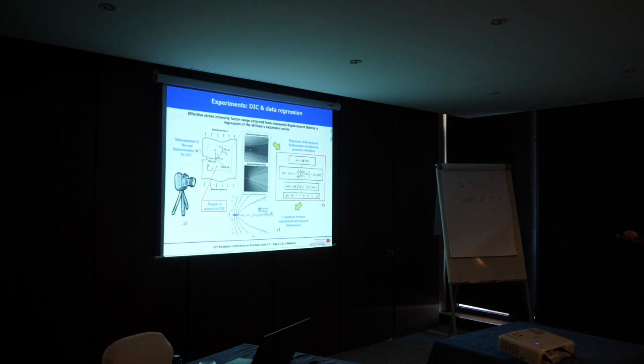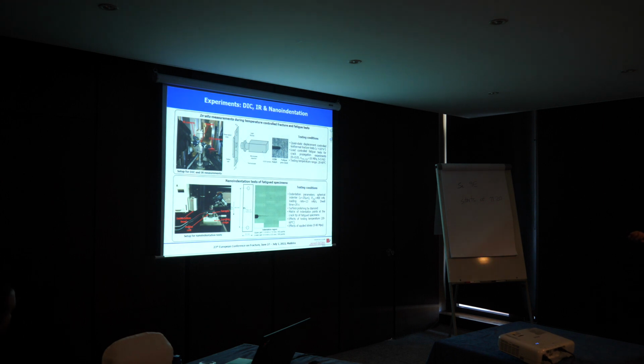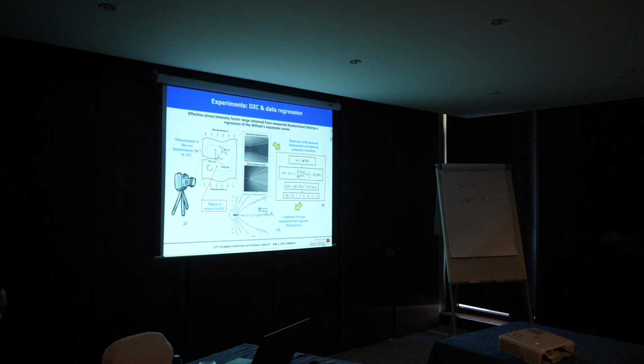In my presentation, given the time constraint, I will focus on results relative to digital image correlation. So we developed some special procedures that use displacement data captured by the DIC to estimate the effective stress intensity factor by regression, using the Williams expansion series.